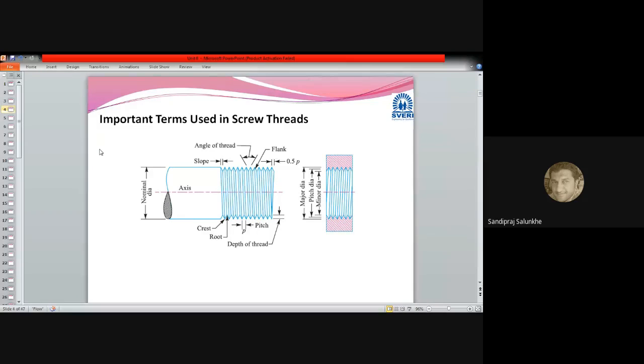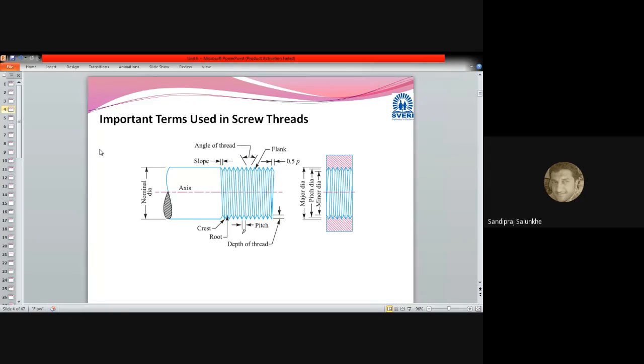Okay, let it be. Now, the next part which we are going to see is the terms which are used in the screw threads. Because, as I have already mentioned, in case of these screw joints, the thread is the important part. Everything depends upon this thread.